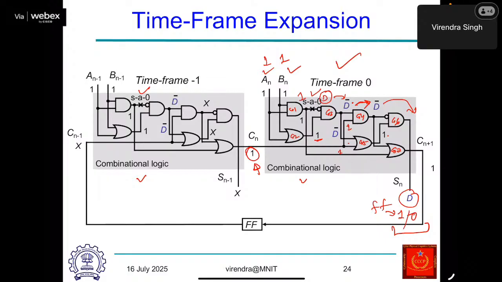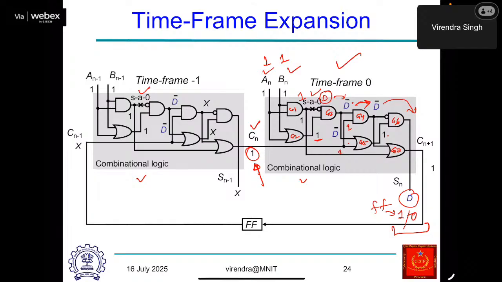Now all these things are possible if I happen to provide value 1 over here, that is coming from the previous copy. Now from the previous copy, in order to have this 1 over here, I have to go back.